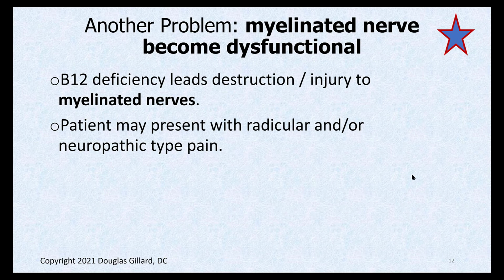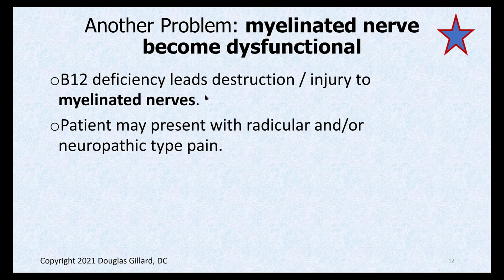Okay, another problem: what else does vitamin B12 do? And this is, for us chiropractors, up our alley. Vitamin B12 deficiency screws up the remyelination of nerves. We know nerves are protected by a myelin sheath, but that's not immortal. It doesn't live forever.